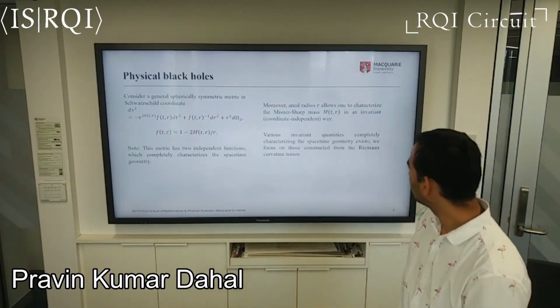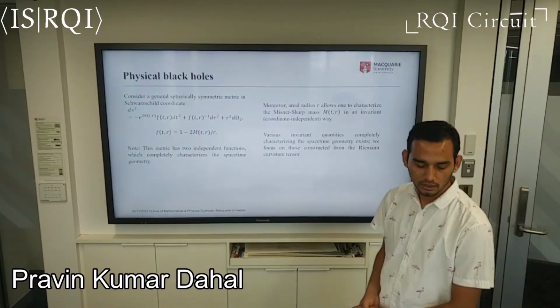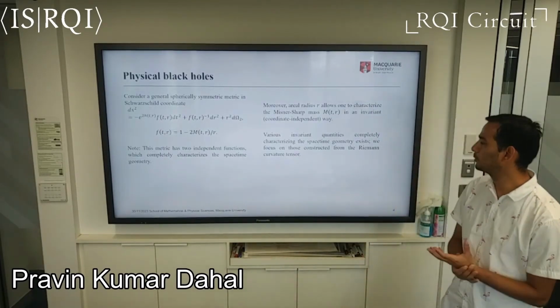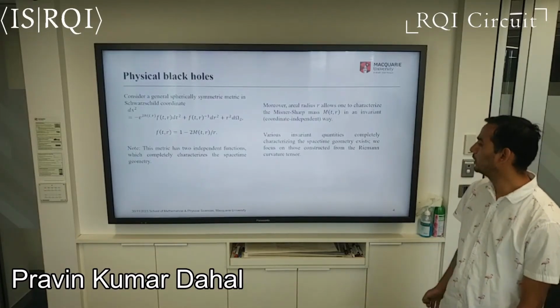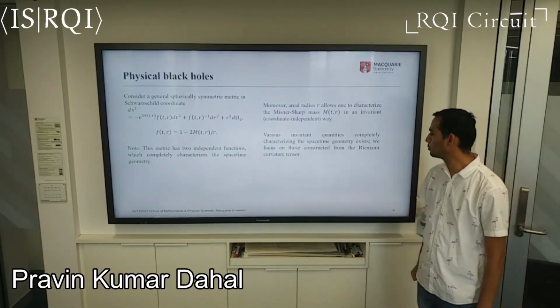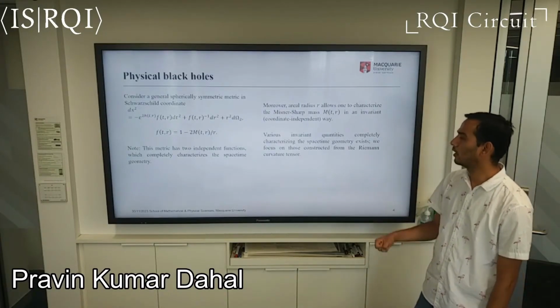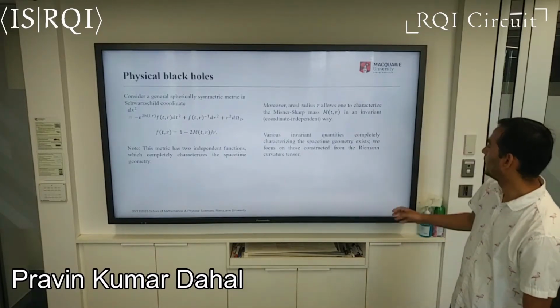Of course, this metric is coordinate dependent, but in a general spherically symmetric spacetime we can construct invariant quantities, and here we focus on invariant quantities derived from the Riemann curvature tensor, which is constructed from the metric and its second derivatives.